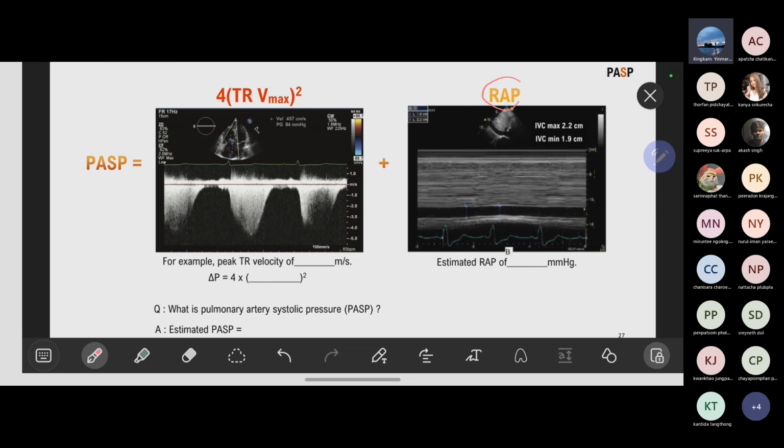Let's calculate PASP from the following data.